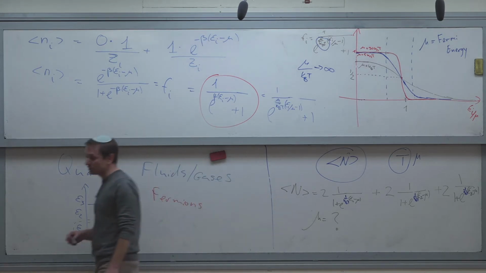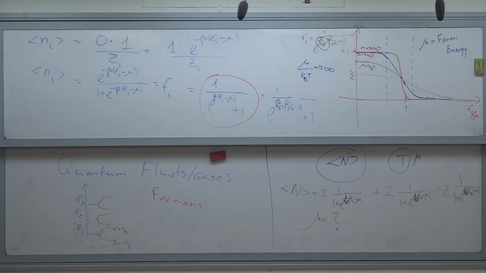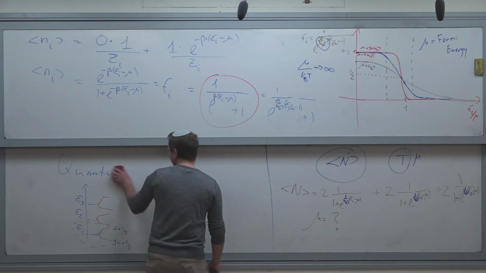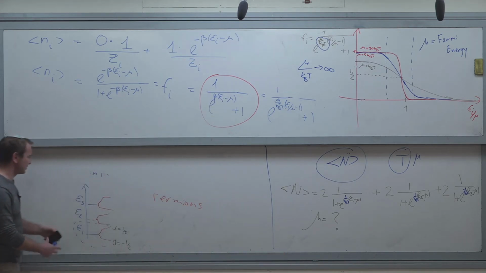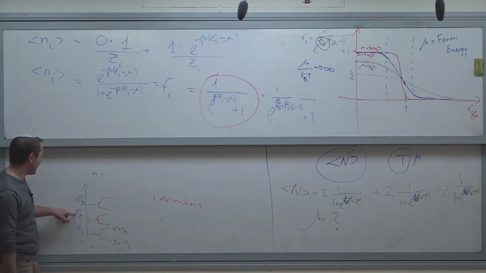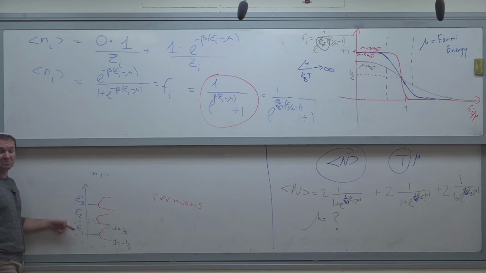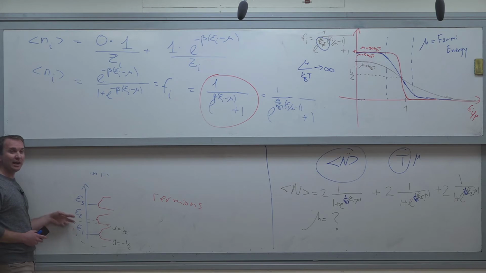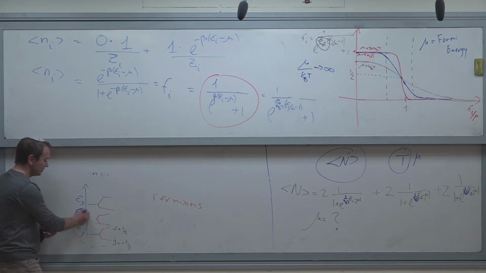What I can do is assume some simplicity. Let's say 3 states is an overkill. Let's assume that epsilon 2 and epsilon 1 are exactly the same. So instead of a system with 3 energies, I have a system with 2 energies. The degeneracy of epsilon 3 is 2, and the degeneracy of epsilon 1 is 4.